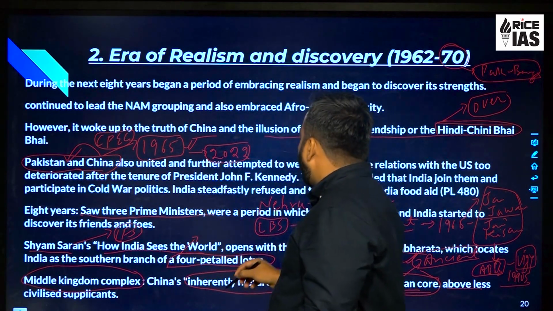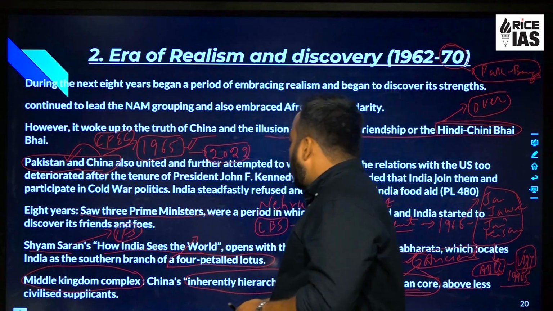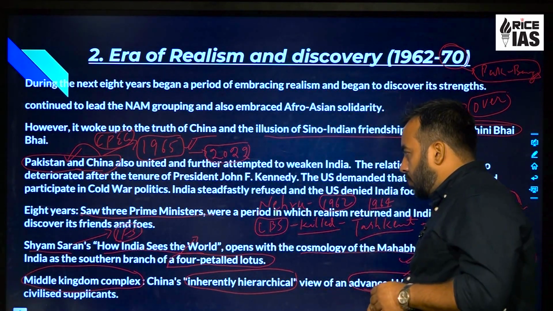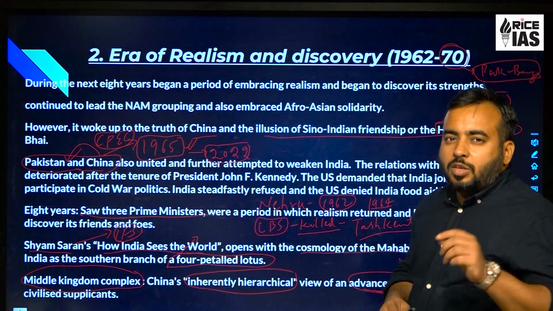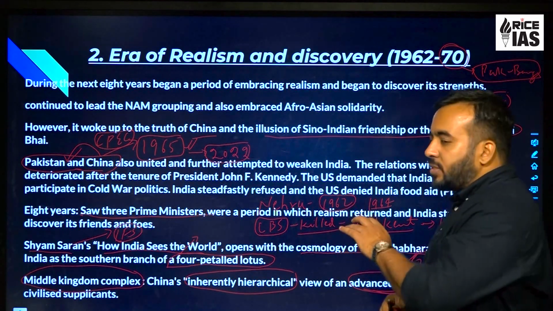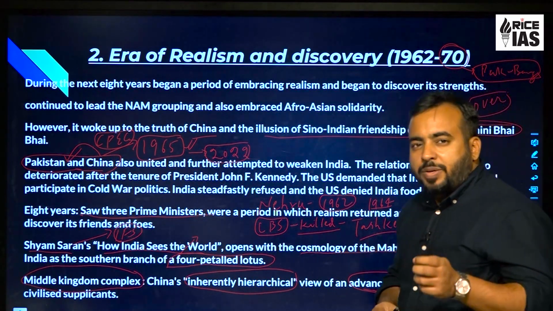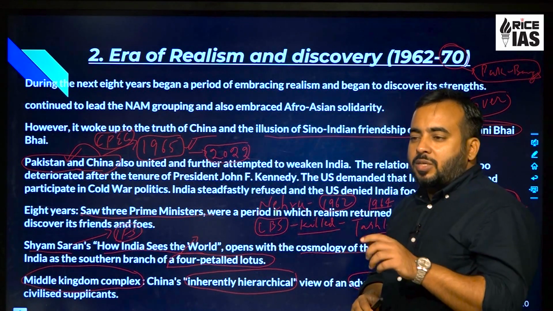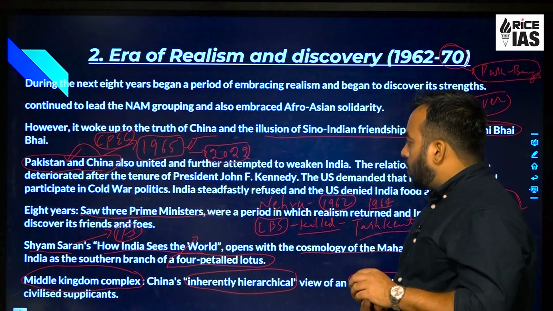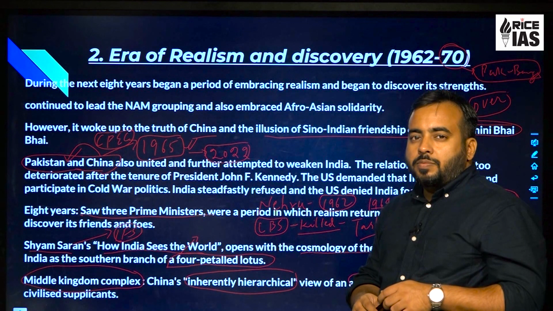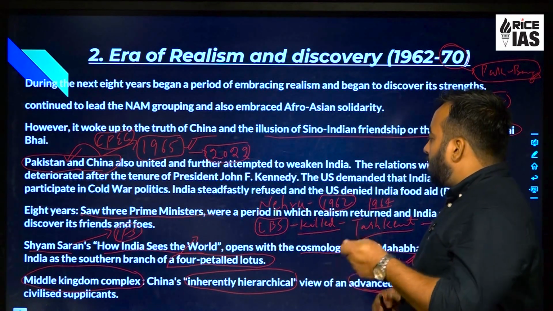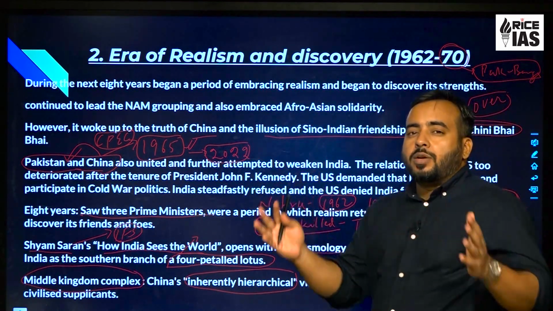And this also reminds us of Vasudhaiva Kutumbakam, that the whole world is a family. So India will never suffer from the Middle Kingdom complex with which China suffers, especially because the Indian conception, Indian mythology, Indian cosmology sees itself as part of a bigger whole.